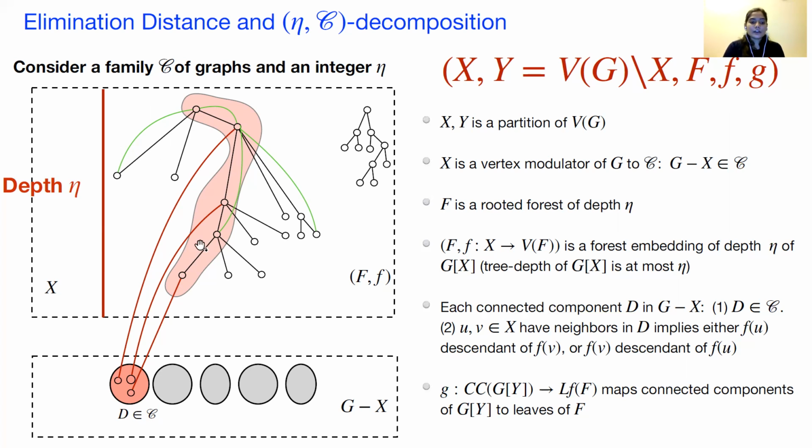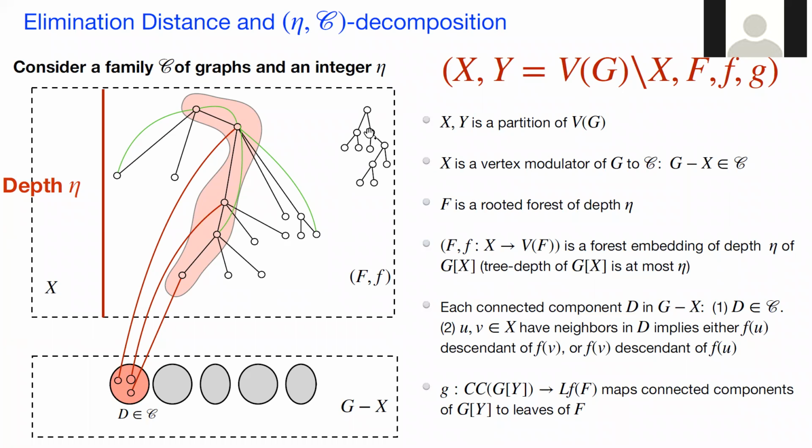And each connected component in G minus X is in graph class C. If we look at a particular connected component, then its neighbors must be contained in some root to leaf path. In our decomposition, we have a function g which maps each of these connected components to some leaf, which implies that this connected component should have its neighbors in this root to leaf path.